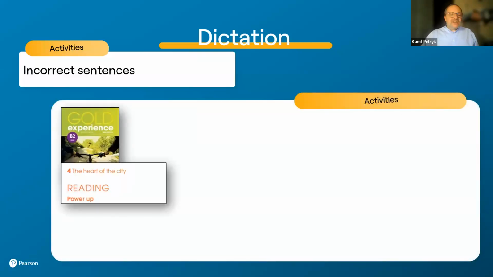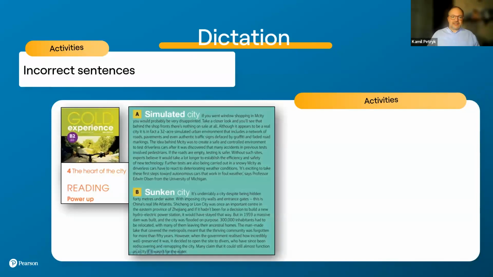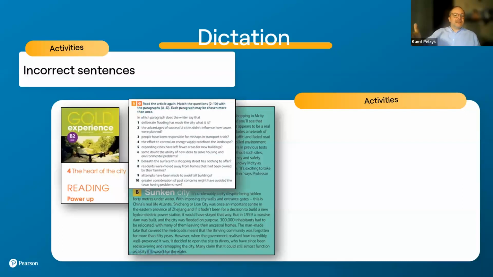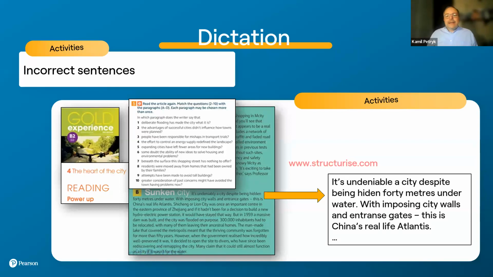So while you're doing, for example, a reading task, the one that you can see here is taken from Gold Experience, a classic reading task with some reading comprehension activities. Why not spice it up a little bit and take this text, use this website that you can see here, structurize.com, where, if you scan the text, you can transform the scanned text into a file, a digital text that you can easily edit.